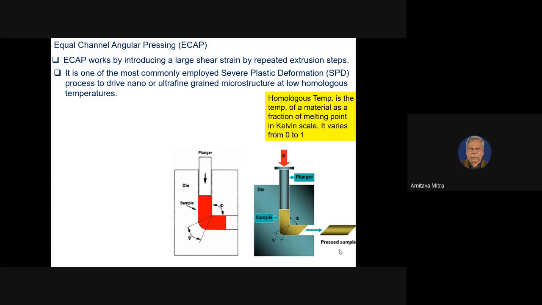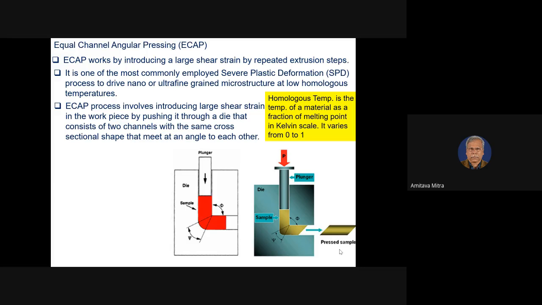So what is happening here? ECAP involves introducing large shear strain in the workpiece by pushing it through a die that consists of two channels with the same cross section. You see, this is one channel, and this is another channel.